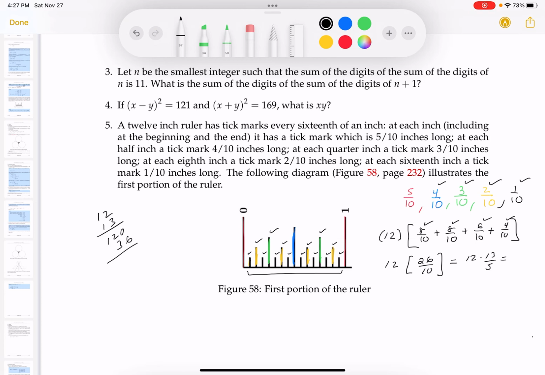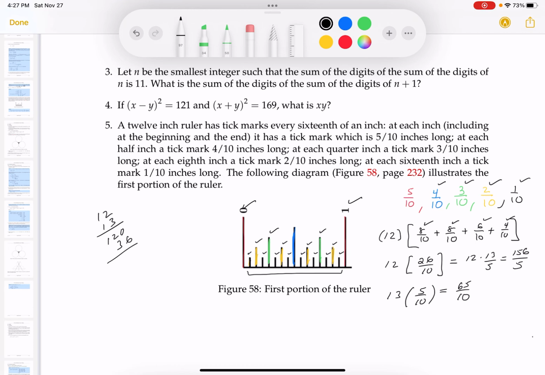So 156 over 5. But I got to do these guys over here. Now, on a 12-inch ruler, how many are there going to be? There's going to be 13 of those, and those are worth 5/10. And what's that going to give you? Well, 65/10.